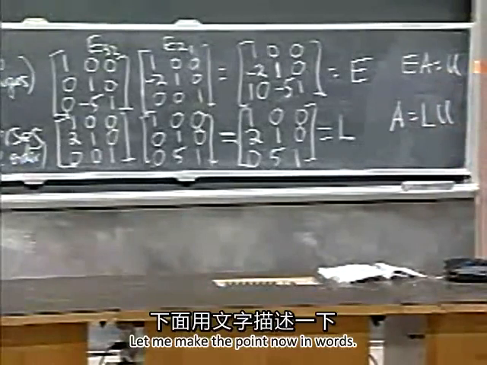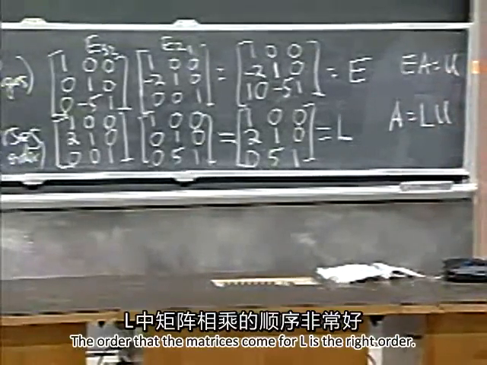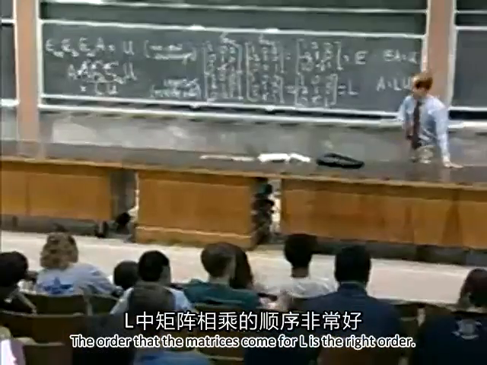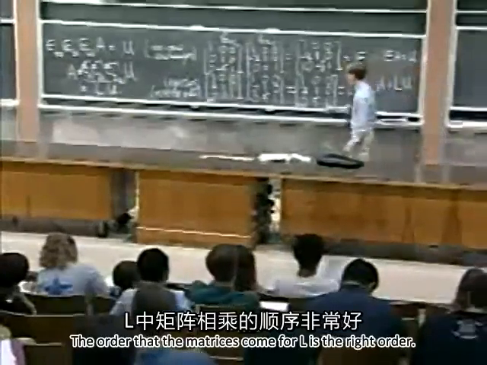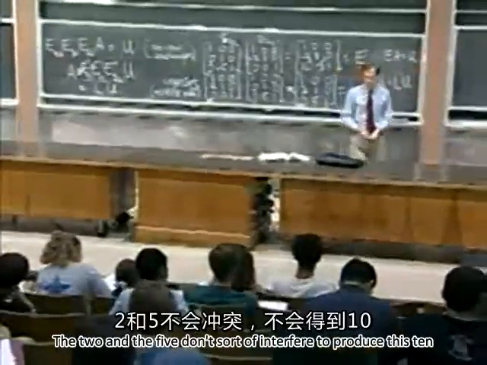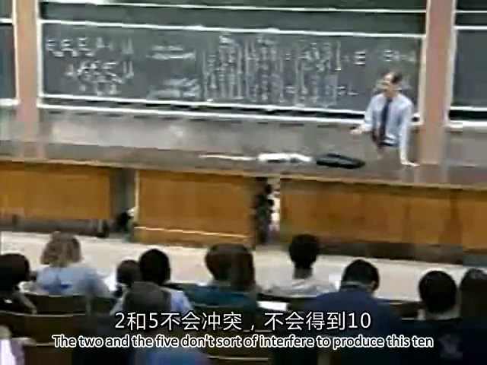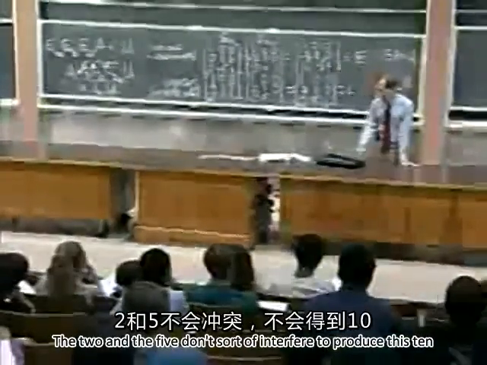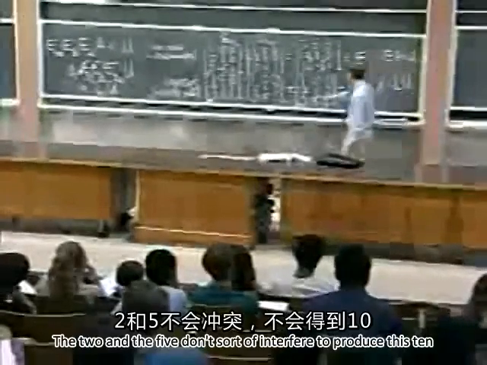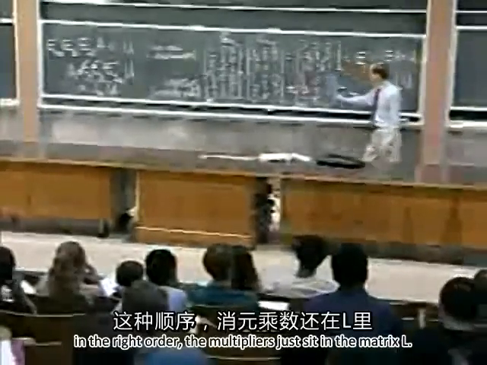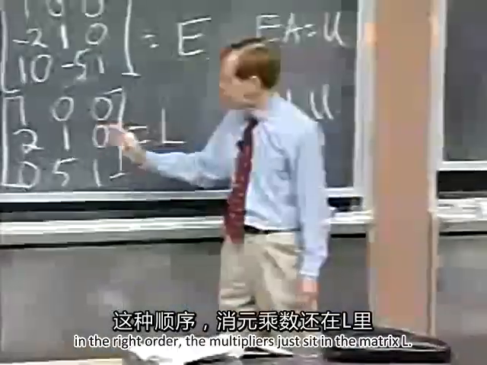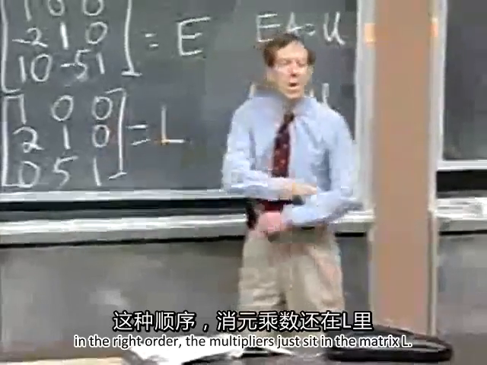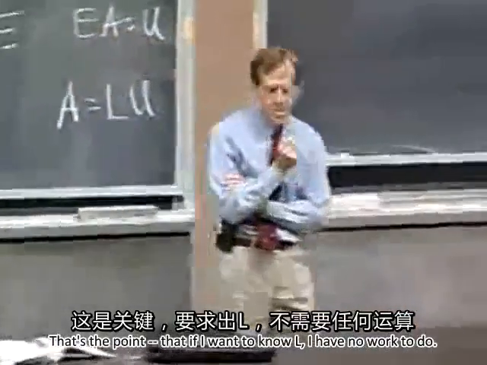Let me make the point now in words. The order that the matrices come for L is the right order. The 2 and the 5 don't sort of interfere to produce this 10. In the right order, the multipliers just fit in the matrix L. That's the point.